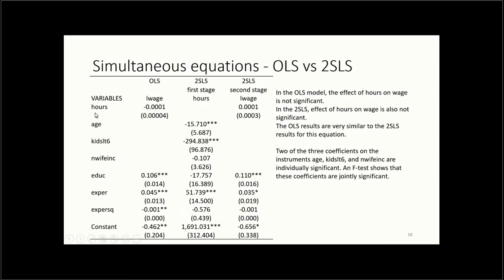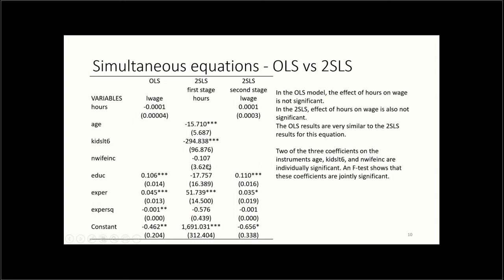Now by applying the two-stage least squares, the first stage has the endogenous variable hours as the dependent variable. And then we have all of the exogenous variables in here, but we also have the instruments. These are the instruments from the other equation, so these are the independent variables in the other equation: age, kids less than 6 years old, and non-wife income. So we're putting them here.